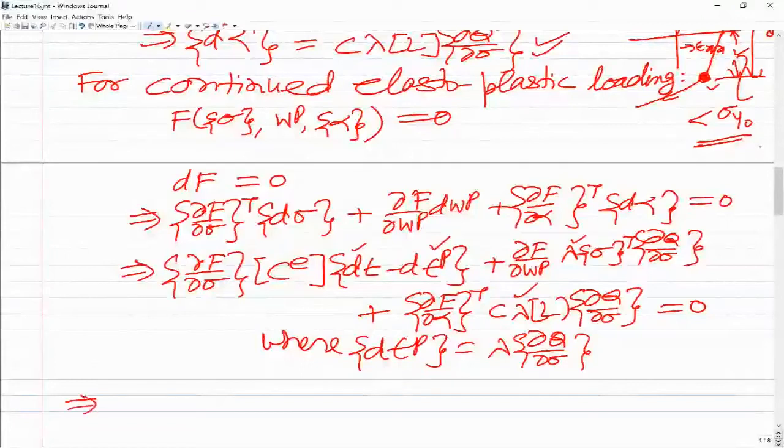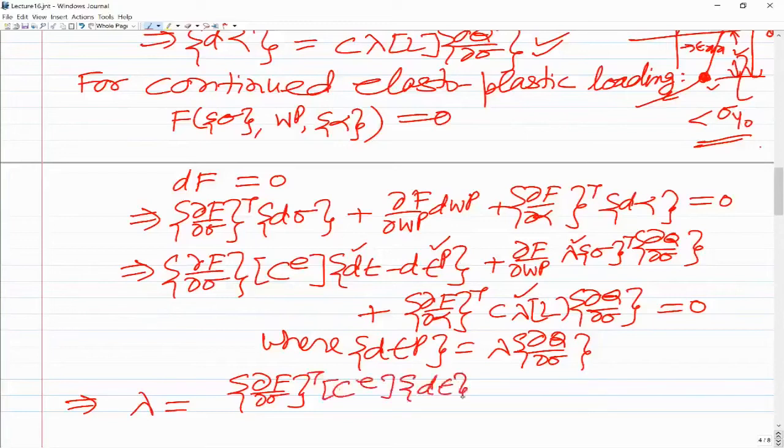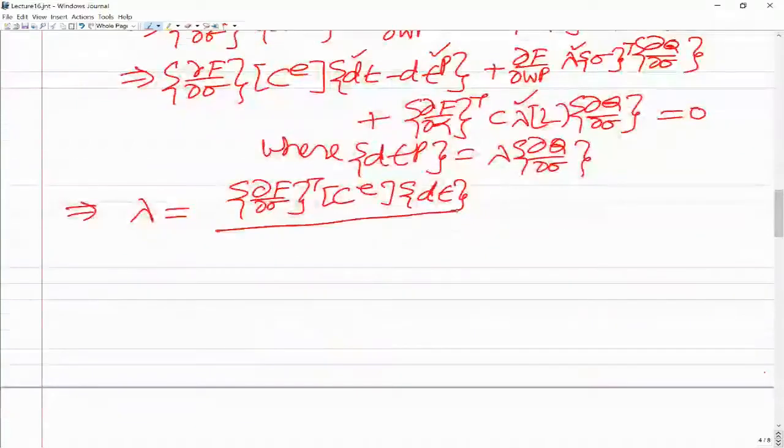So lambda from this equation will be equal to del f by del sigma transpose into Ce into d epsilon, and this whole thing divided by all other terms. When you take this term to the right hand side it becomes positive, and the other terms become negative.